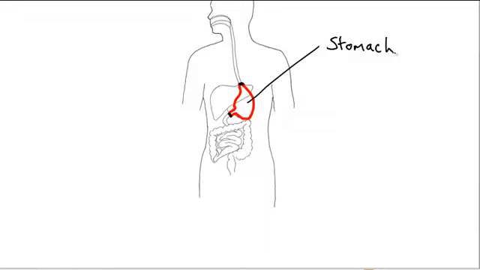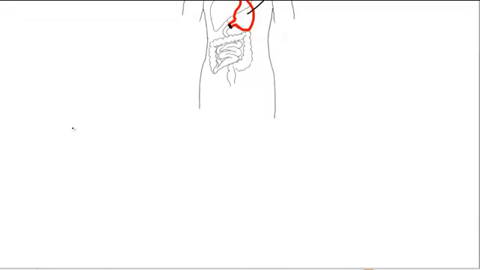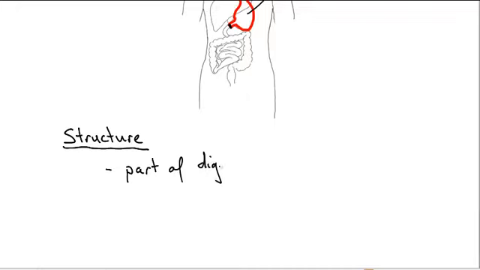And if we're going to look at its structure in detail, there's a few key points. First, we need to remember it is part of the digestive tract. Which means it has the 4 key layers.